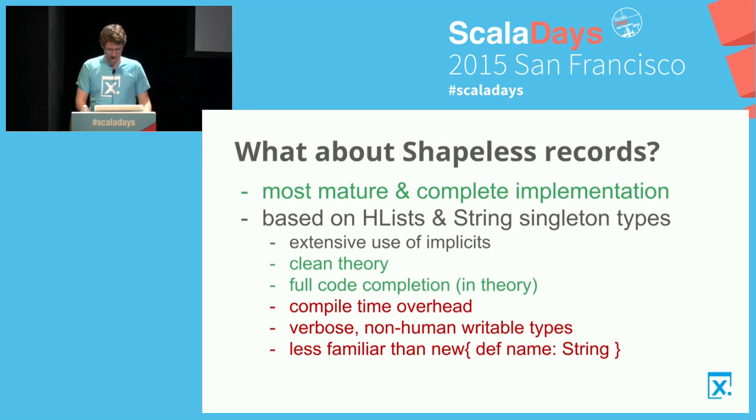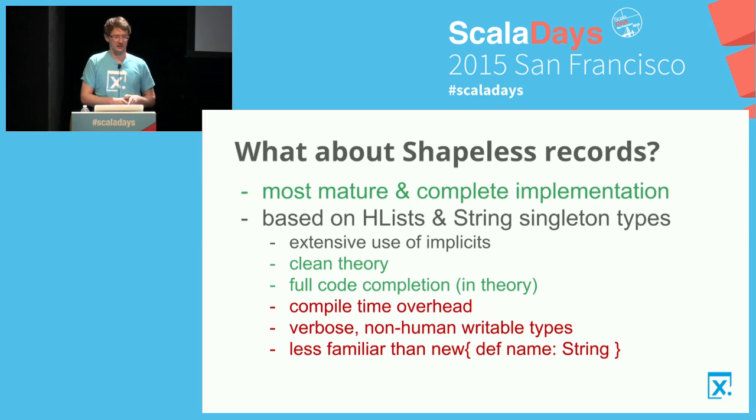All right, other implementations. There's Shapeless, and Shapeless has extensible records, and it's probably the most mature and complete implementation that's out there. Shapeless is based on HLists and string singleton types, and for using the HList, Shapeless uses implicits extensively. The nice thing about it is that it's a very clean theory, and in principle it should have full code completion for everything.